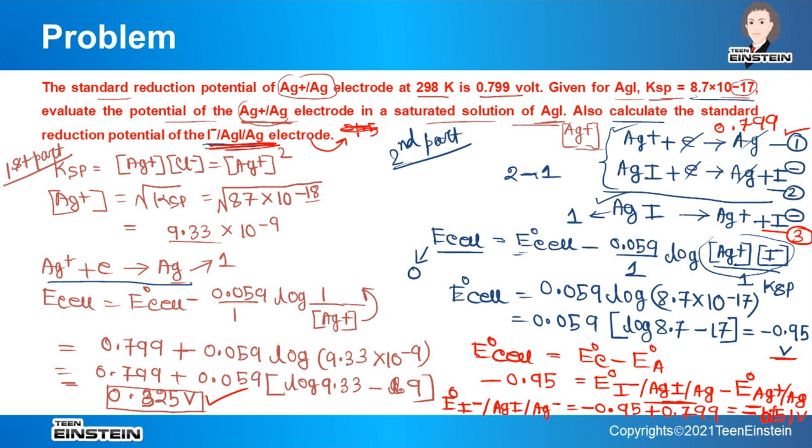Minus 0.151. This is the answer of the second part. And the first part is 0.325. Okay. It is also clear because it is minus 0.95 and this is almost 0.8. So it will be minus 0.1 something. Okay. So it is 0.151 volt.